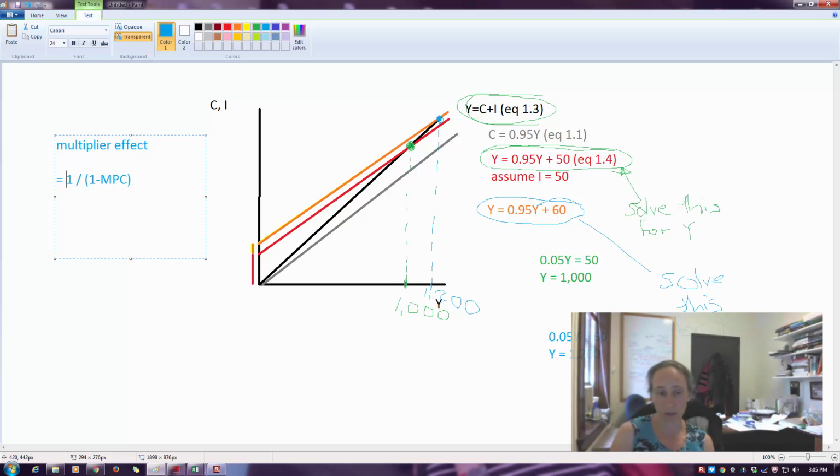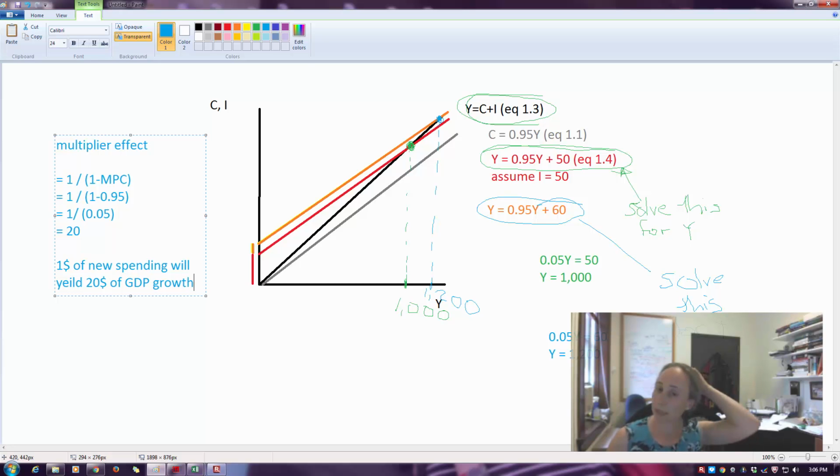This is a big maybe. But this marginal propensity to consume is this 95% that we've been working with. So it's 1 over 1 minus 95%, or 1 over 5%, which is 20, right? Which tells us that $1 of new spending will yield $20 of GDP growth.